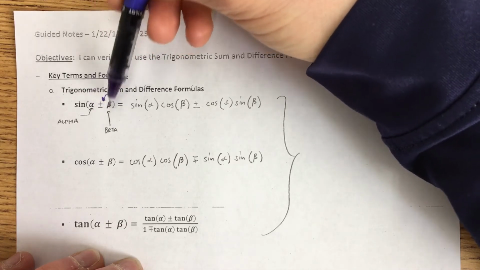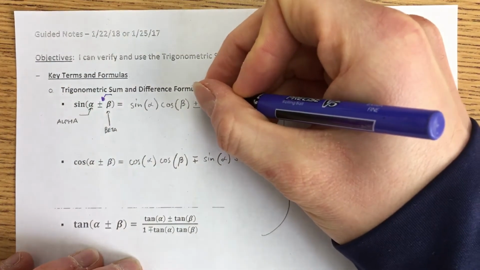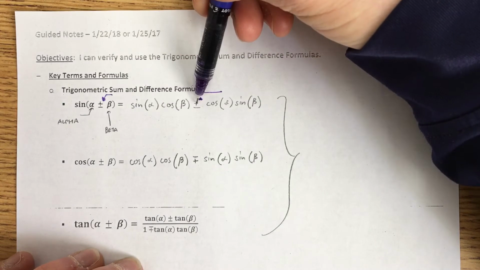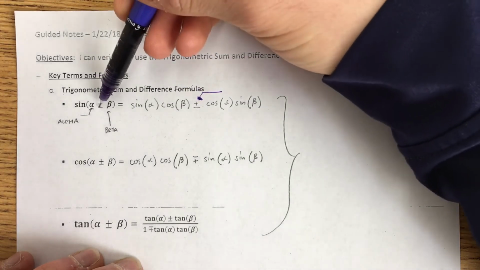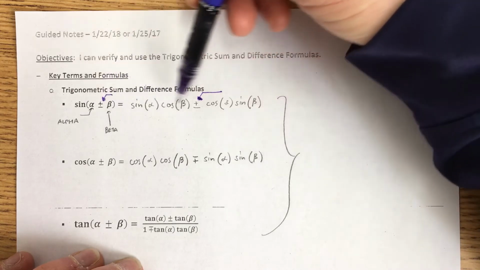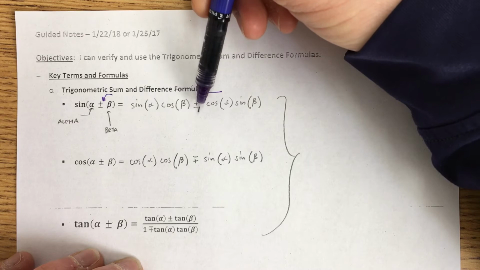So I stay with what's on top. When I go over here, addition is what's on top. So if I use addition here, I use addition here. But if I use subtraction inside of sine, subtraction is on bottom, it's below the addition. When I go over here, subtraction is also below the addition, so I would use a subtraction.